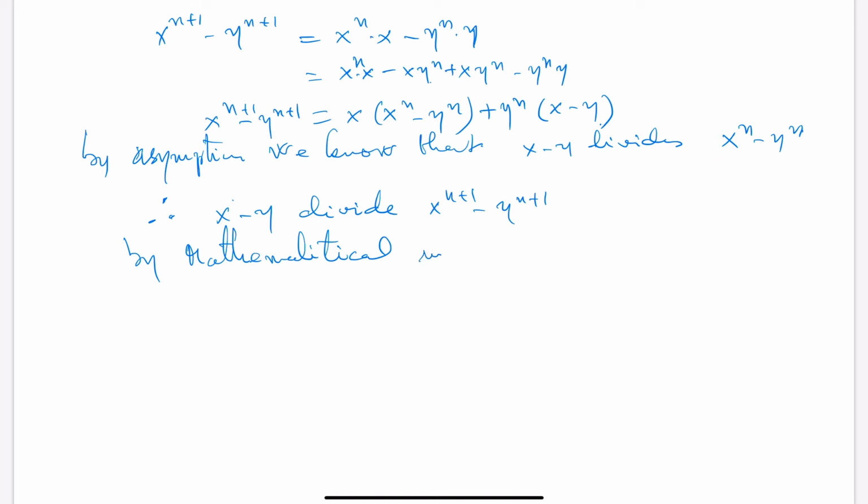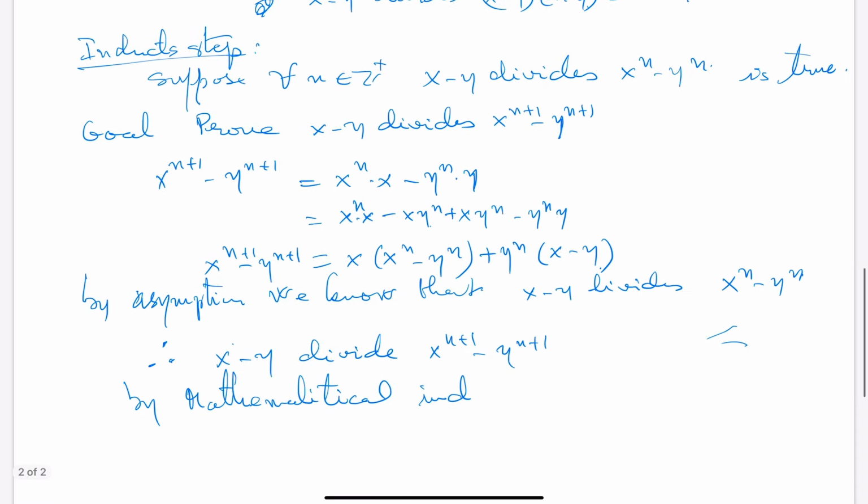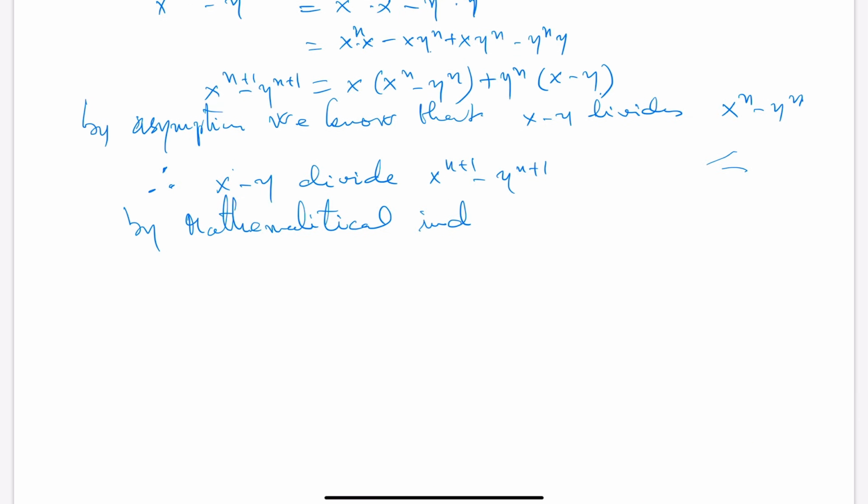induction 1. You have induction 1, induction 2, induction 3. The only difference, mathematical induction 1, mathematical induction 2, and strong mathematical induction: induction 1 is a simple one. Mathematical induction 2 is when you have the inequality sign or you have divides. So here, since we have a divides, it is induction 2.